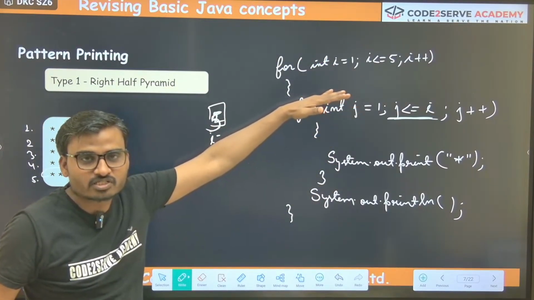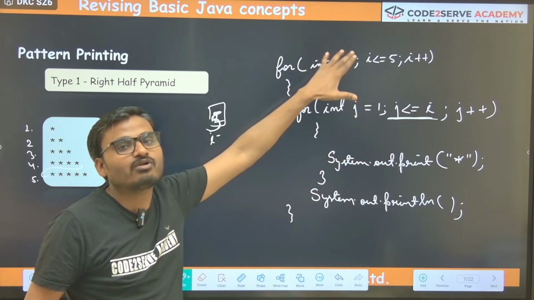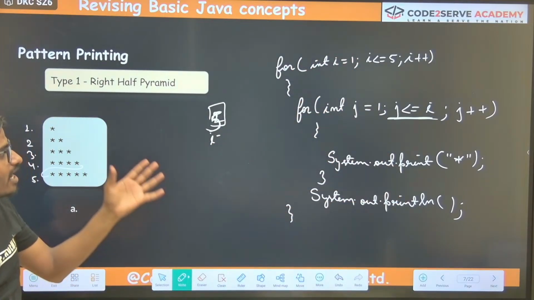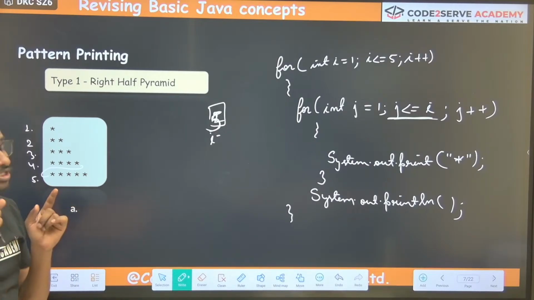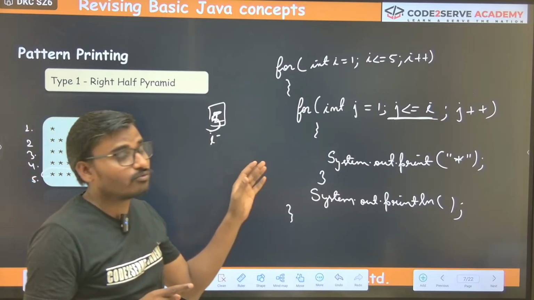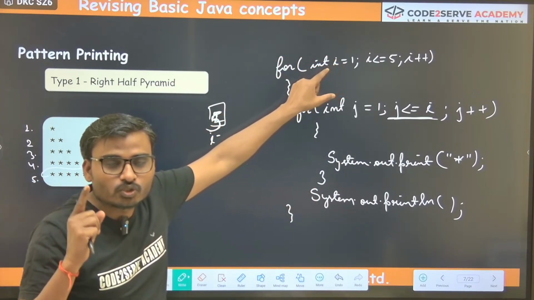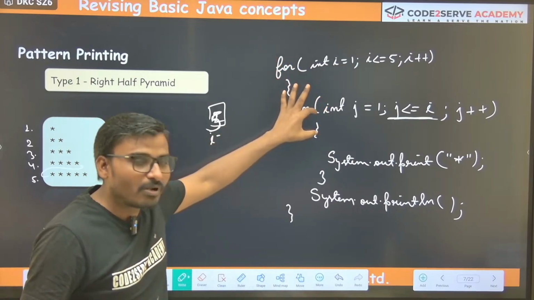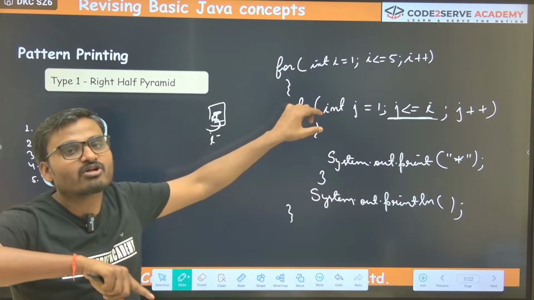Suppose the last iteration was 4. Now the iteration for i will be 5, and now for 5 it will get executed. Try to dry run what I showed you in the last part on your own, you will get the concept. The basic concept is, first you have to control the row, how many rows. Second, I have to control the column, that means inside each row, what is the number of columns.